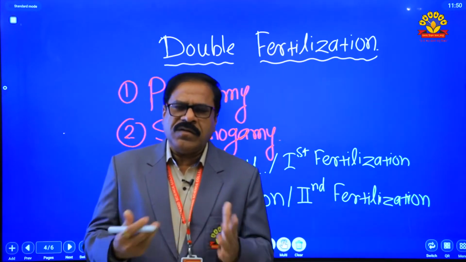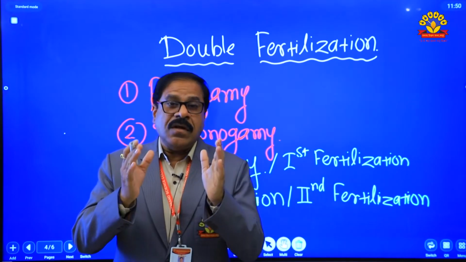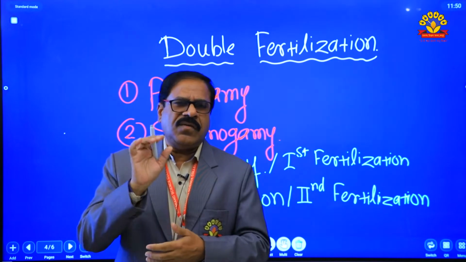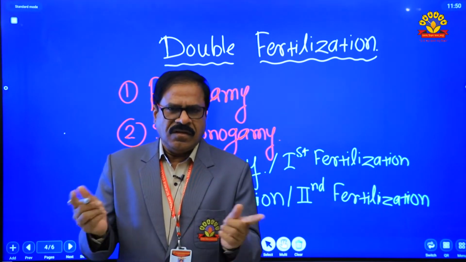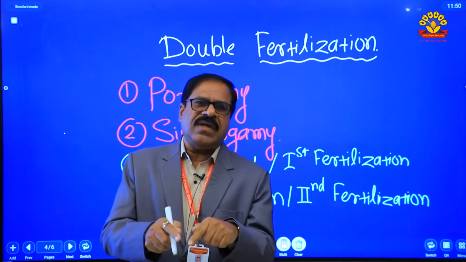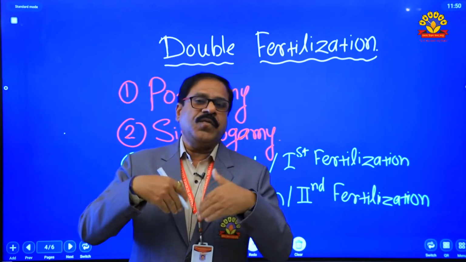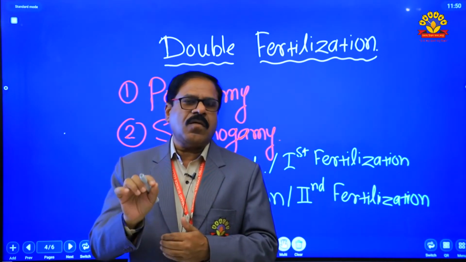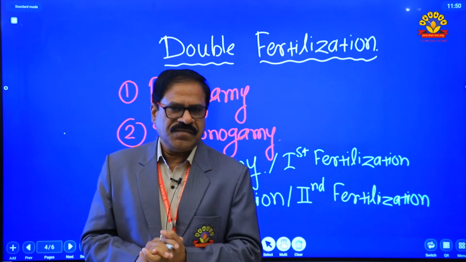First we have to understand the meaning of the term fertilization. What is meant by fertilization? The fusion of male and female gametes to form a diploid zygote is called fertilization.